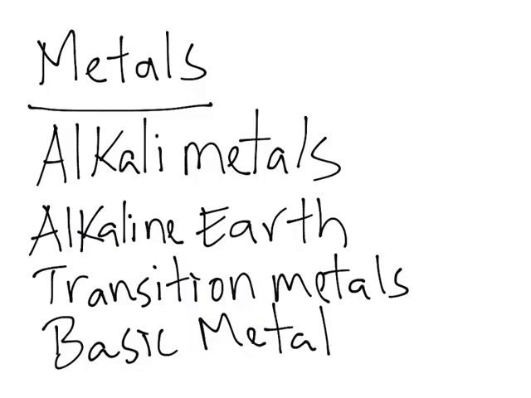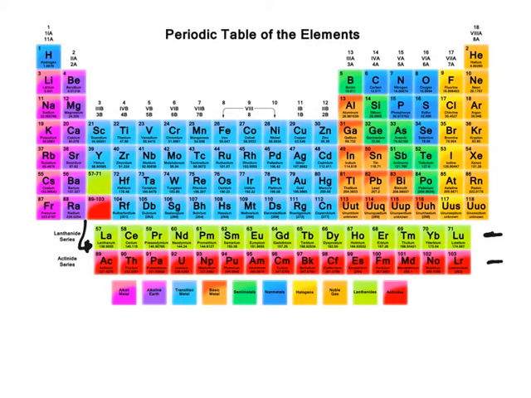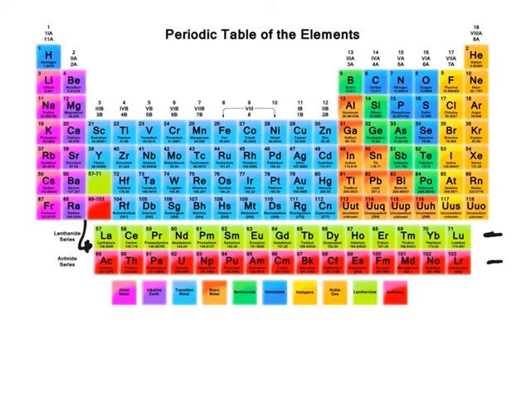Right here, lanthanide, all of these are metals, and then the other one is the actinide series. If you want to remember them, just remember that the first period that is compact right here is the lanthanide, and the second period is the actinide.